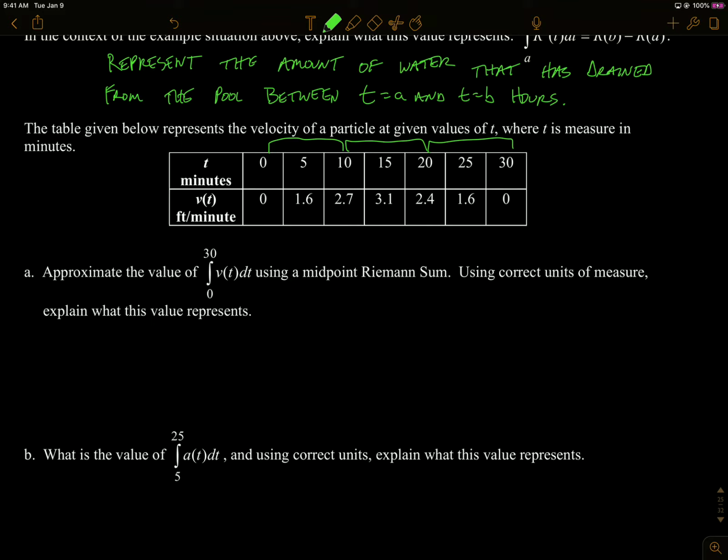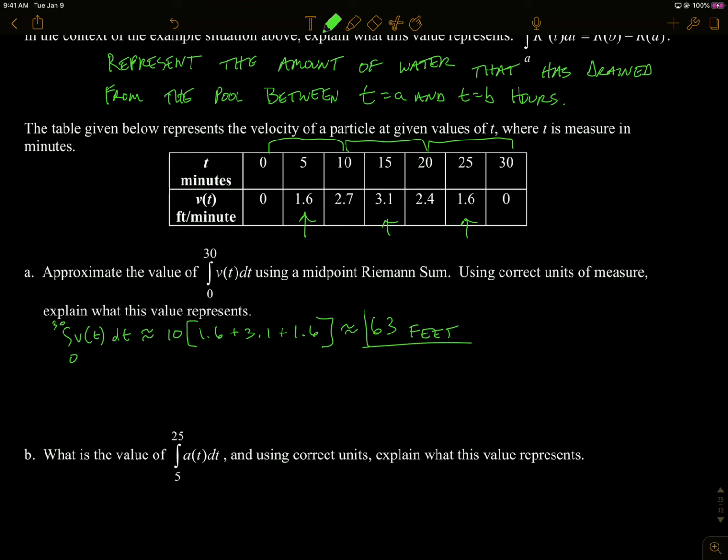So the integral from 0 to 30 of v of t dt can be approximated by the sum of the areas of the rectangles. Now each rectangle has a width of 10, so we could factor that out. And then we do the height of the midpoints, which are these three values. So we've got 1.6 plus 3.1 plus 1.6 again. And that's going to work out to 63 feet.